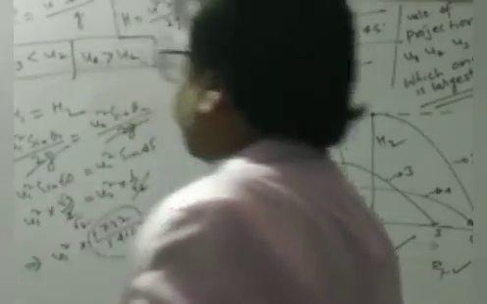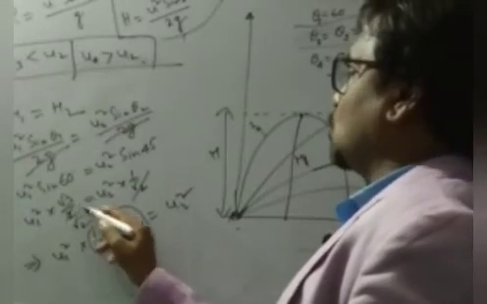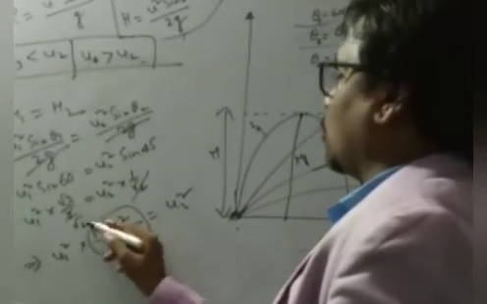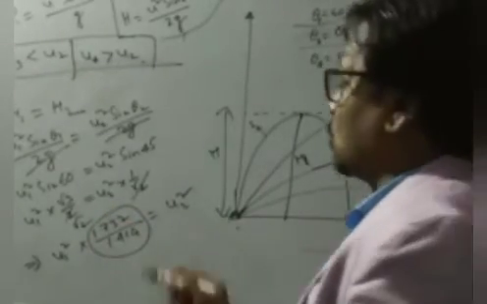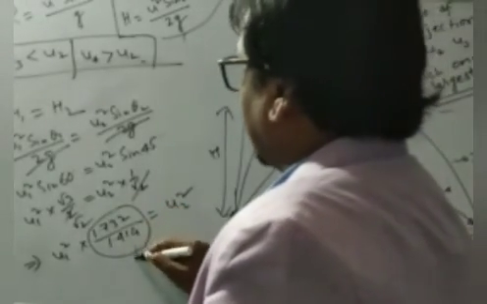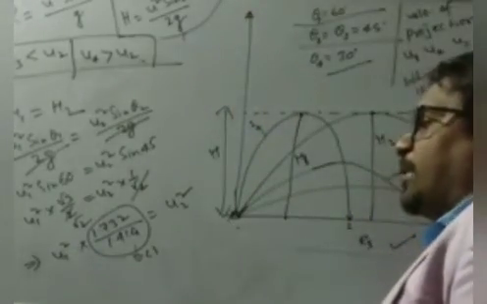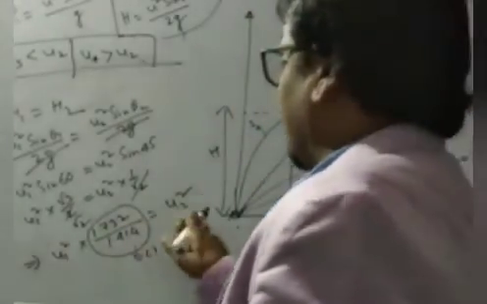This quantity, this is root 3 and this is root 2. So root 3 is 1.732 and root 2 is 1.414. So what about this quantity? This quantity is clearly less than 1. So u1 square when divided by something will give you u2 square.